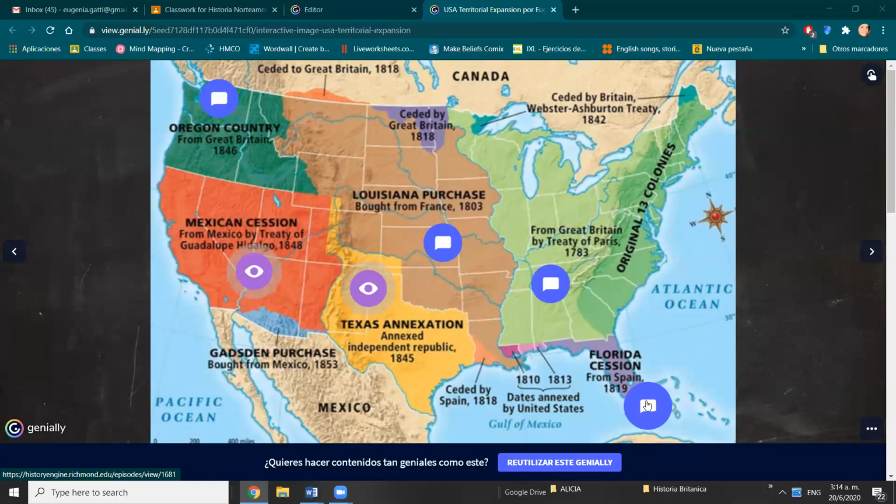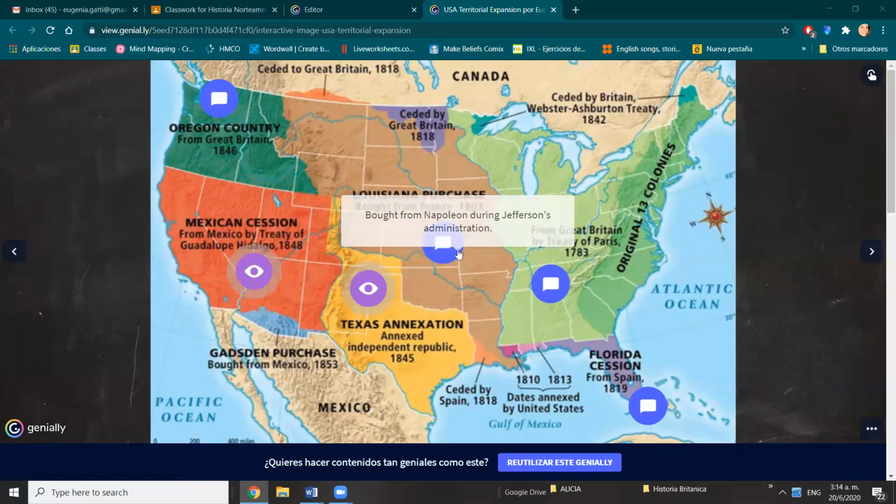Then we will discuss it in class, but by clicking here you will open a new page with the explanation of the events by which Florida, which remember was Spanish, was included into the nation. And this is 1819. Before 1819, this is what we saw already.